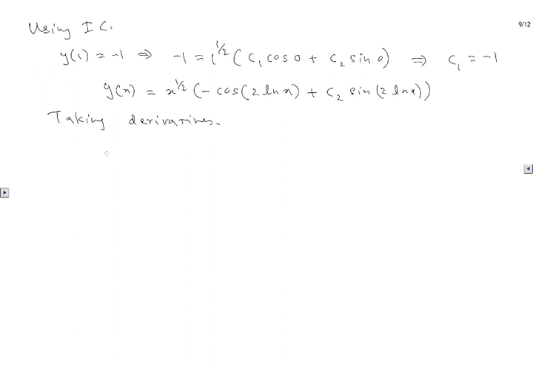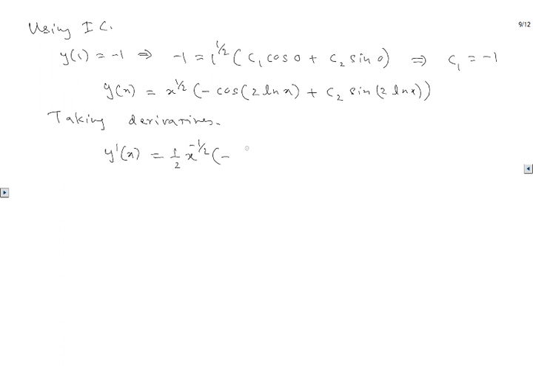If you take the derivatives, you're going to get y prime of x equals 1/2 x to the -1/2. First we have to use the product rule.